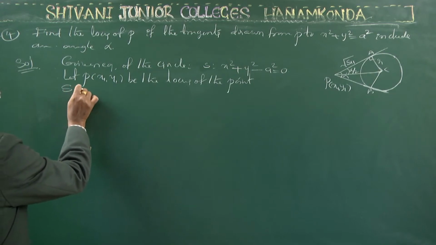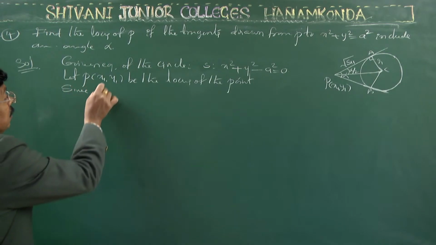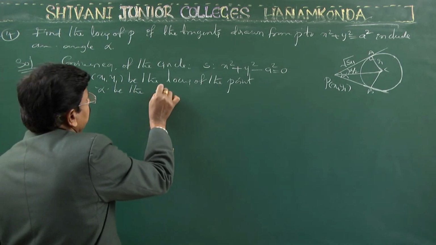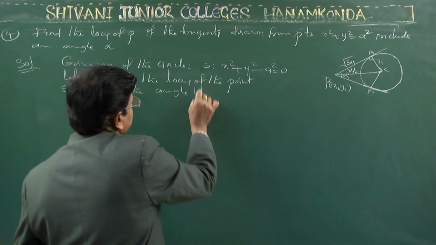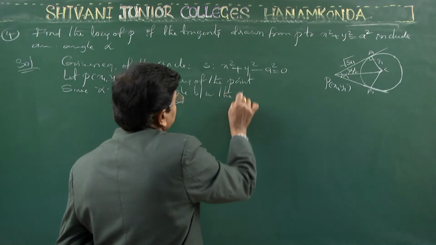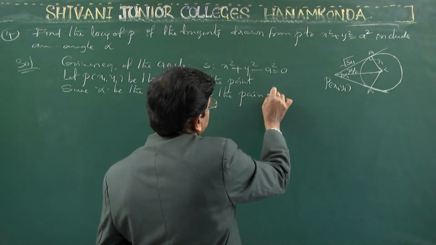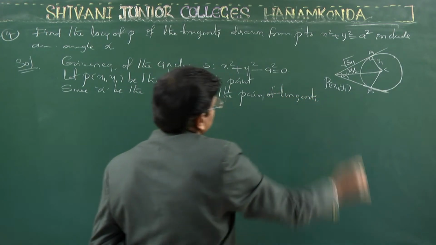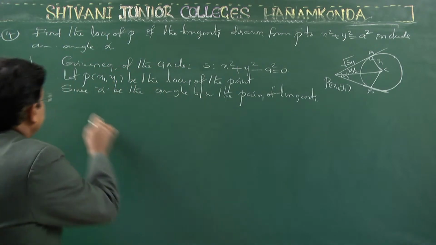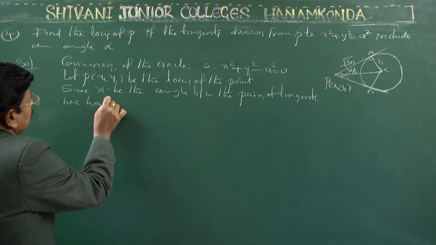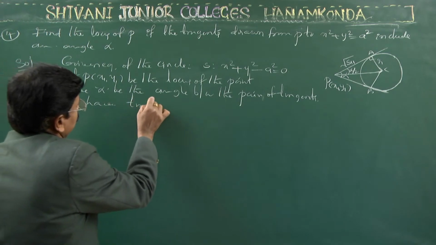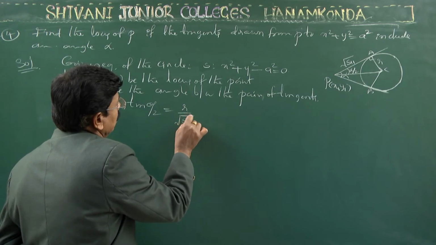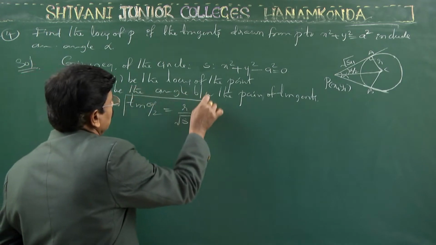Since it is given that alpha is the angle between the pair of tangents, tan alpha by 2 is equal to r by square root of S11.